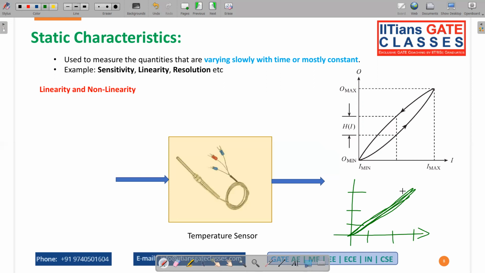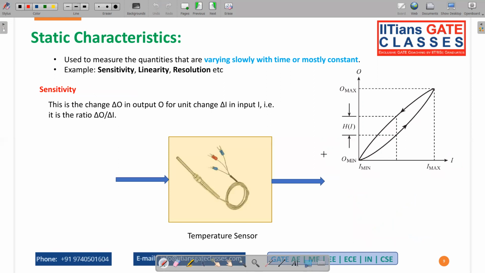The same is captured here: for a particular input there could be a minimum value and a maximum value, with corresponding minimum and maximum output. If the curve is linear, then the sensor is linear, otherwise it is non-linear.